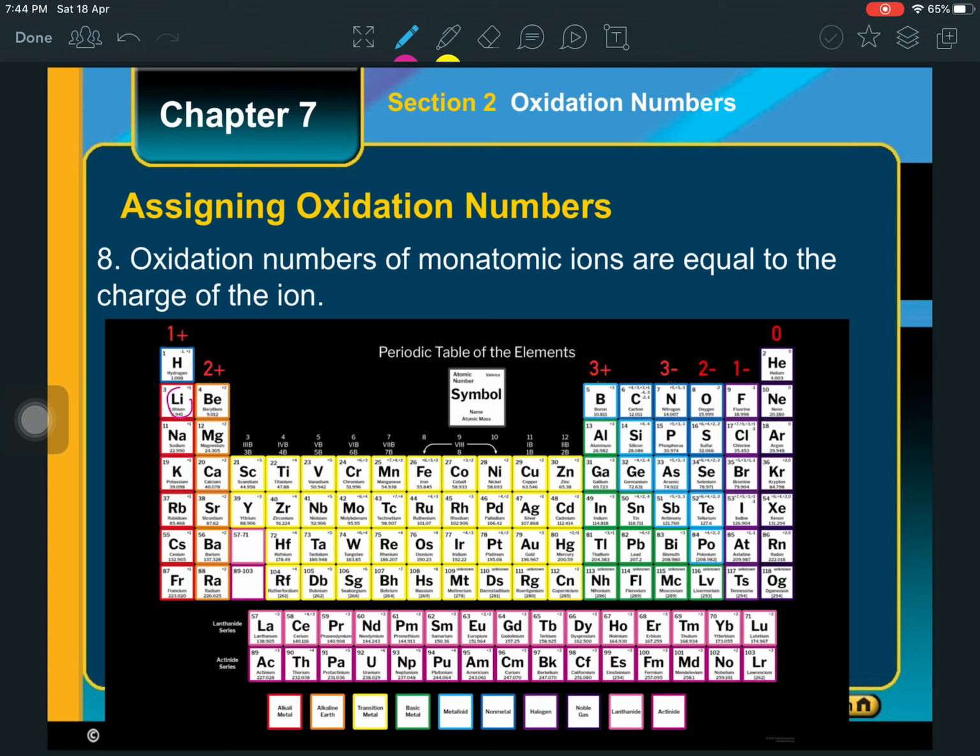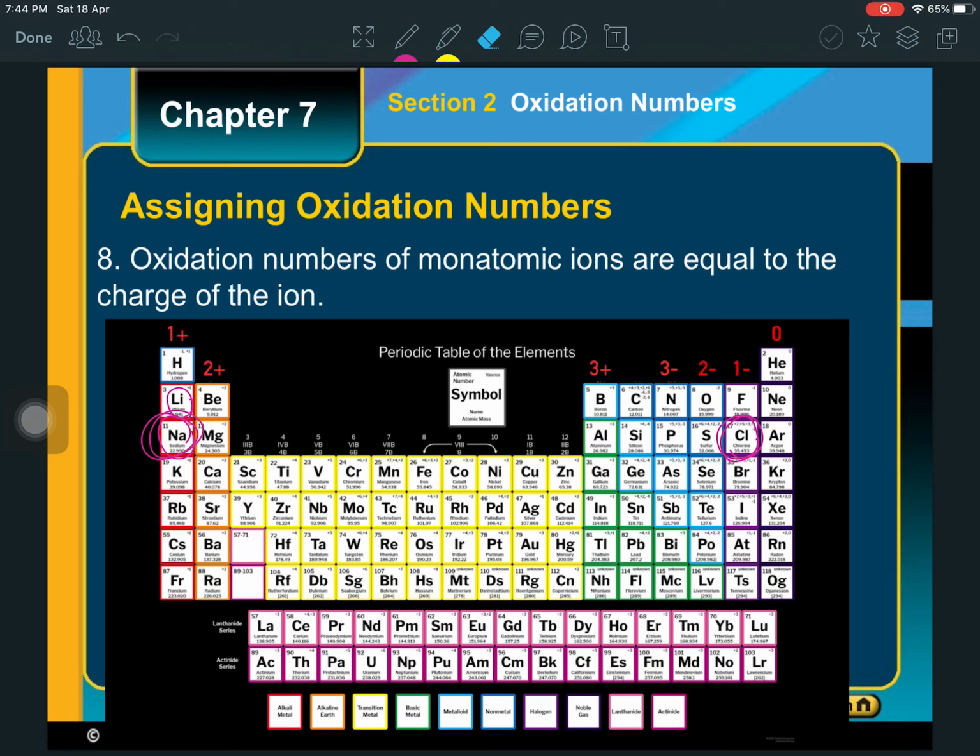So lithium would be +1. Like if I'm looking at NaCl, my oxidation number of sodium would be +1 because sodium is right here, and my oxidation number of chlorine would be -1 because chlorine is right there. And overall, these have a charge of 0, and that's why NaCl overall has a charge of 0.